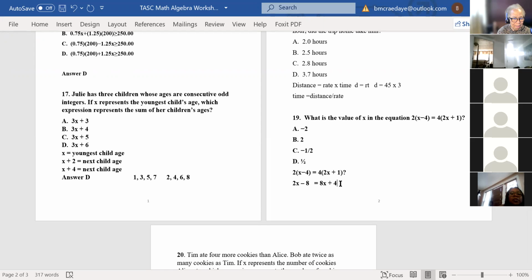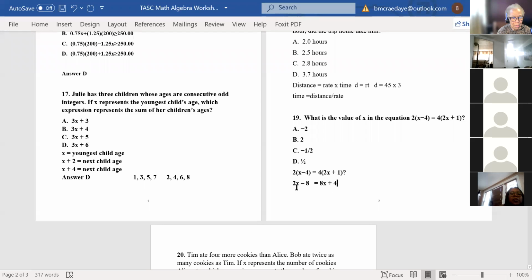Because we have positive 8x and a positive 4. You line them up in order, 8x plus 4, over 2x. So would you get 10x?